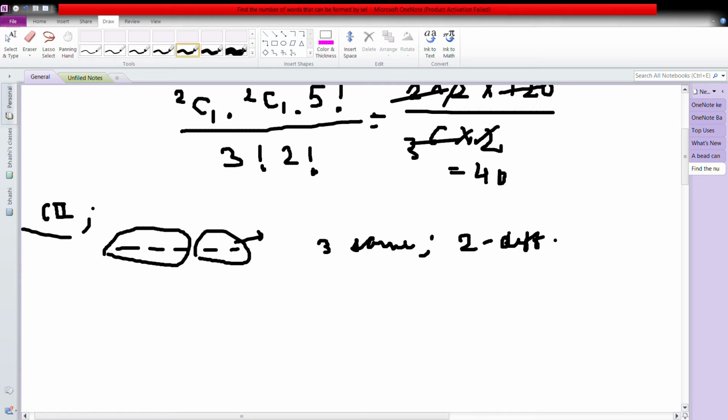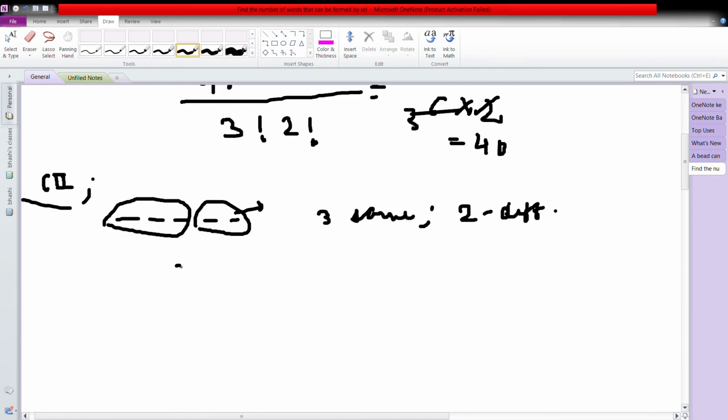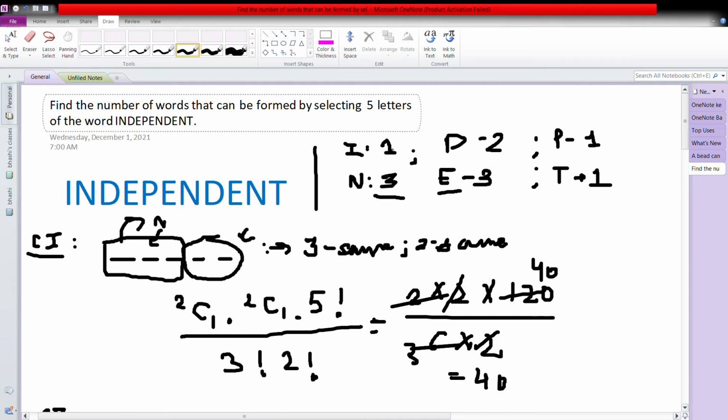For this place there are only two options, either N will come or E will come. Out of those options we have to select only one, so it will be 2C1. And for this place we have 1, 2, 3, 4 and 5. Why 5?